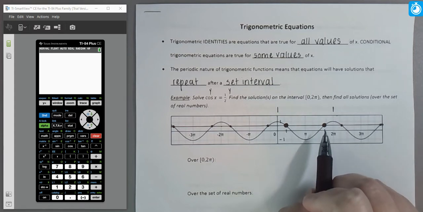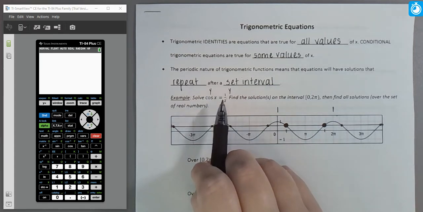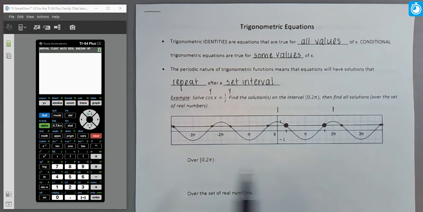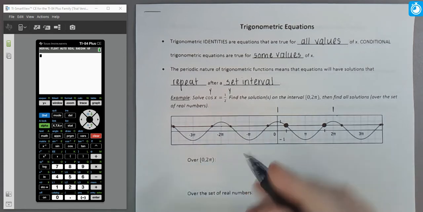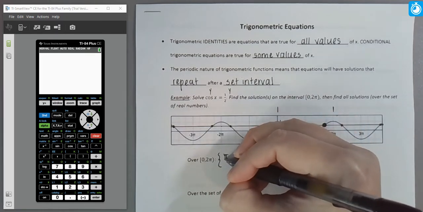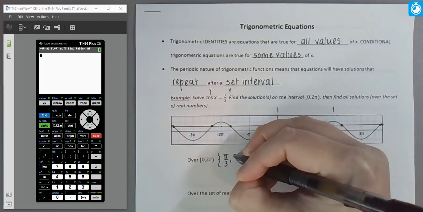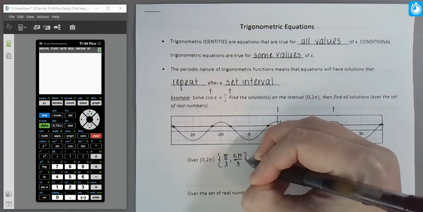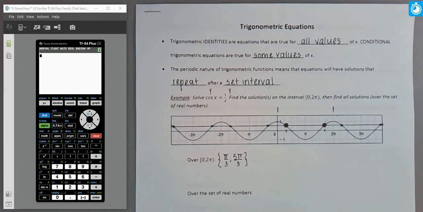And then the other radian measure, where cosine of that radian measure is 1/2, is going to be the radian measure 5 pi over 3. So over the interval from 0 to 2 pi, our solutions in set notation are going to be pi over 3 and 5 pi over 3.